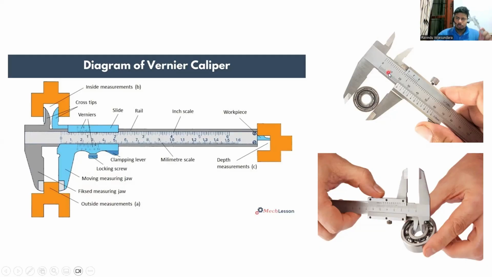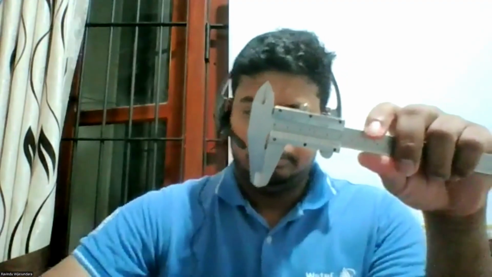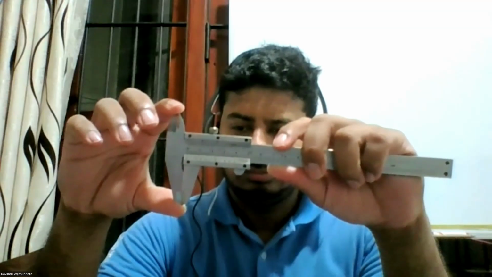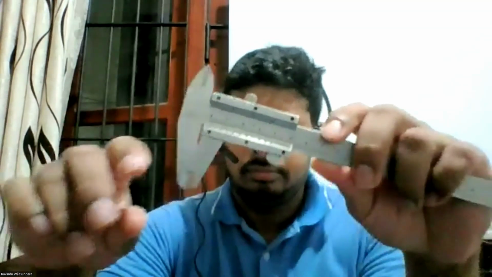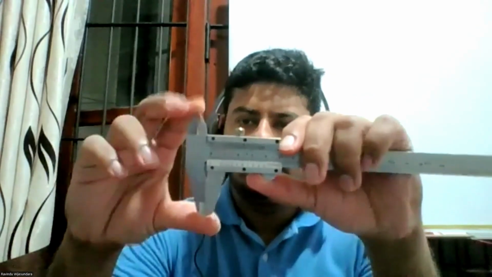To have a better look, I will stop the sharing right now, and then we'll have a close look. Right. So can you see this one? Okay, this is the vernier caliper that we mentioned earlier.